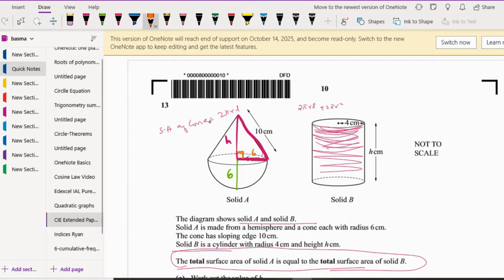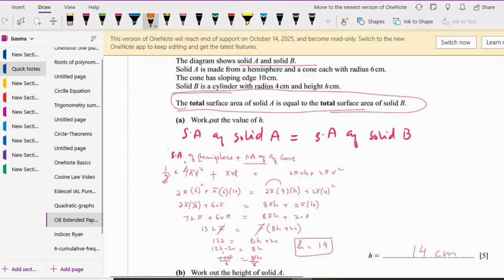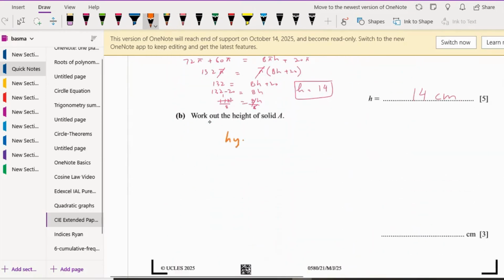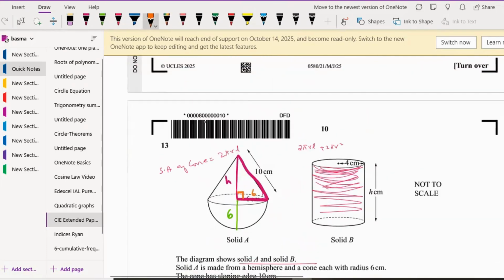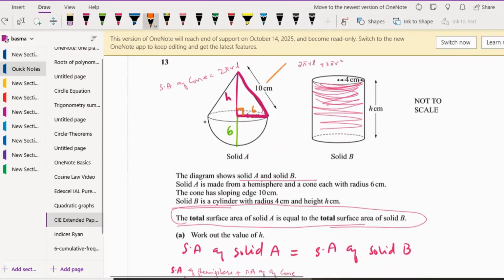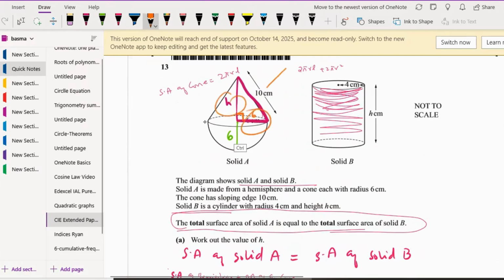Pythagoras says that the square of the hypotenuse is equal to the square of the adjacent plus the square of the opposite side. The hypotenuse is given to be 10. As you can see, this length is 10 here, right?